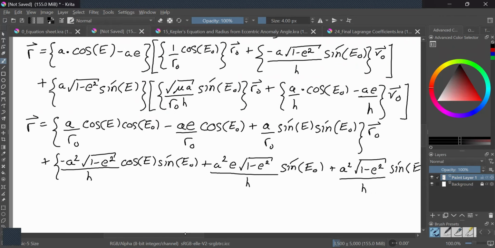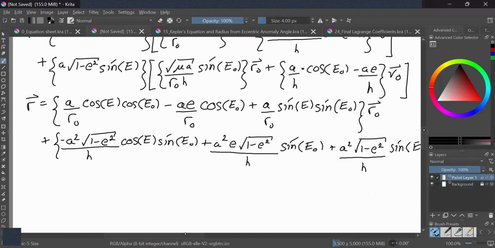And then I'm going to bring it back over here. Minus a squared e, the square root of 1 minus e squared over h times the sine of e.